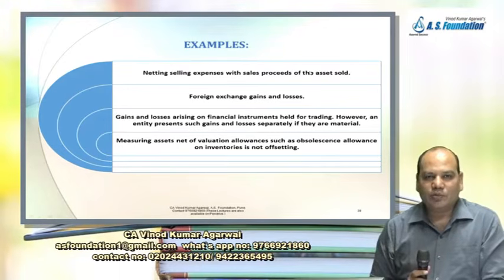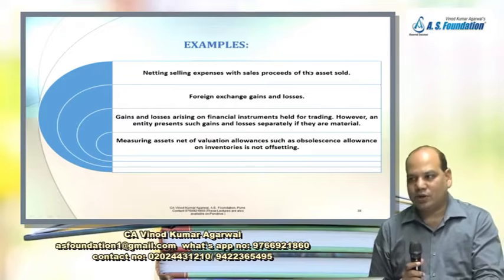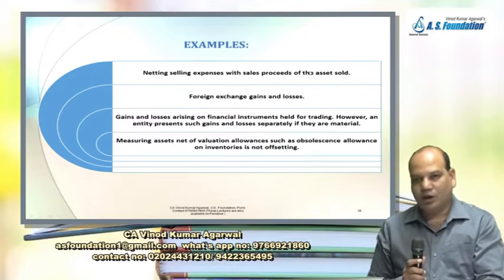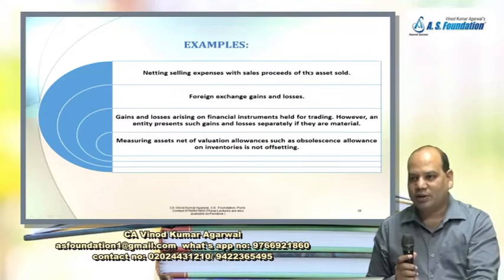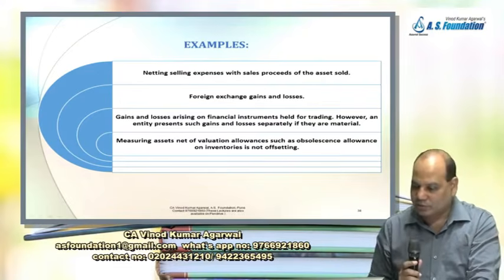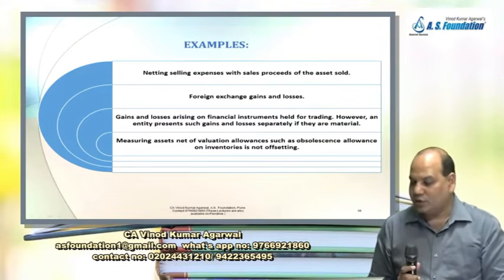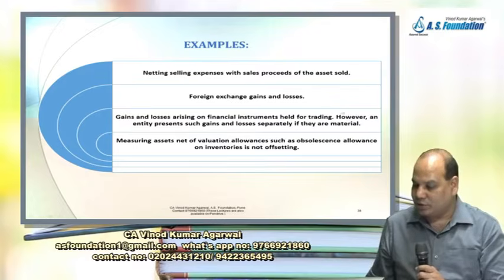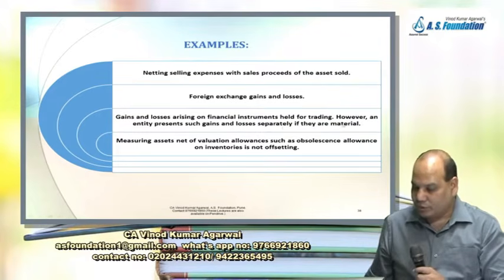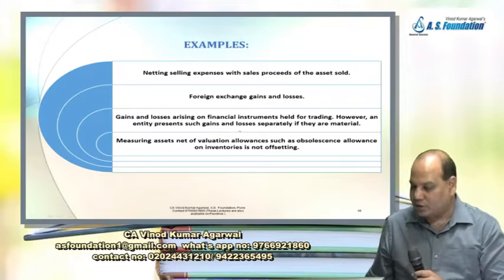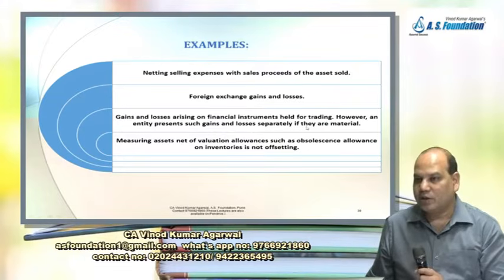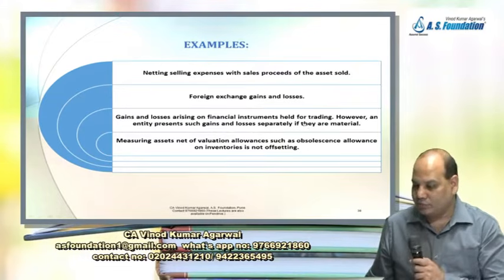So in the statement of profit and loss, all foreign exchange gains and losses are brought together and a single item, either gain or loss, is presented. Then gain or loss arising on financial instruments held for trading. However, an entity presents such gains and losses separately if they are material.